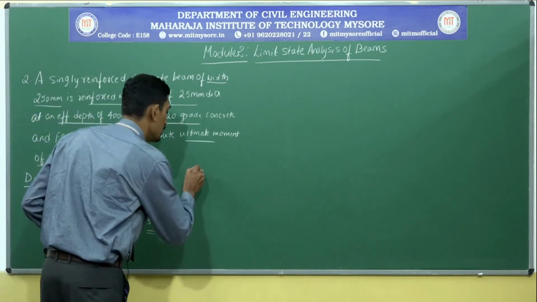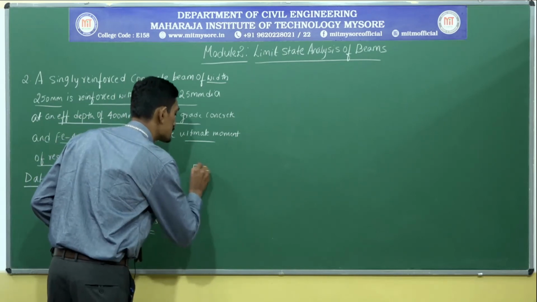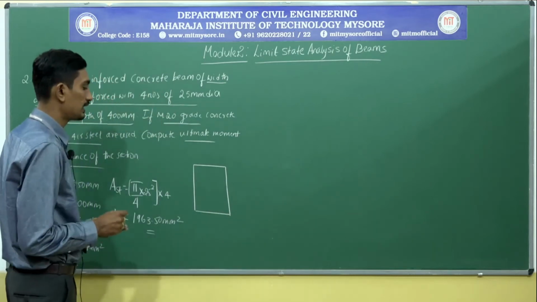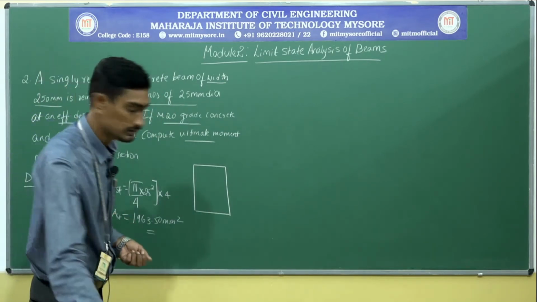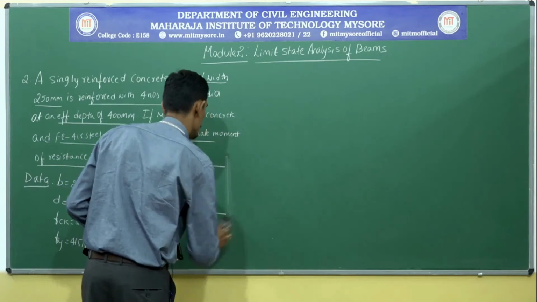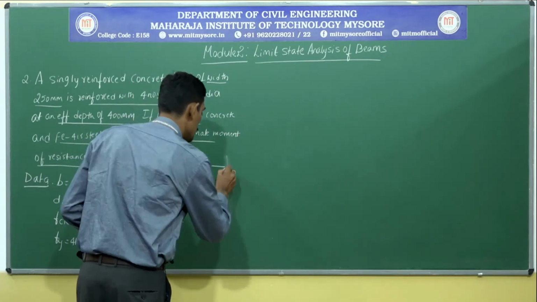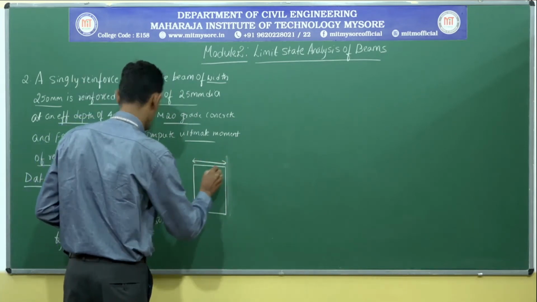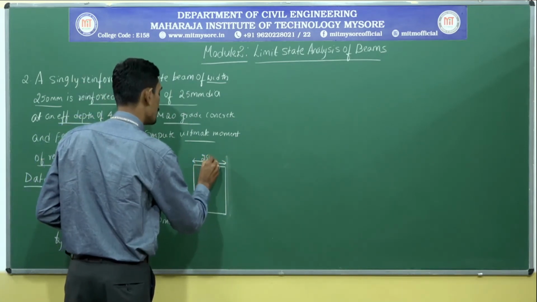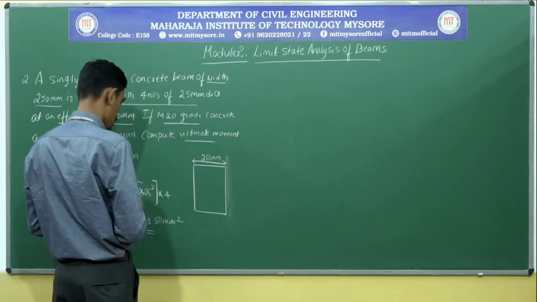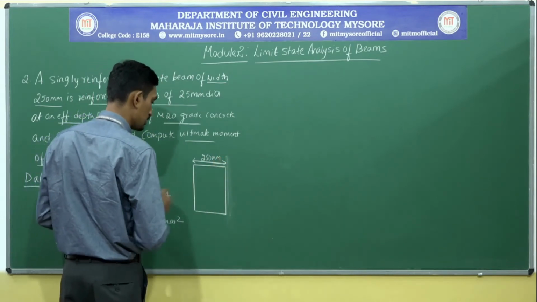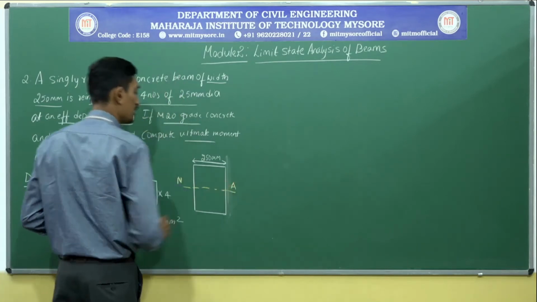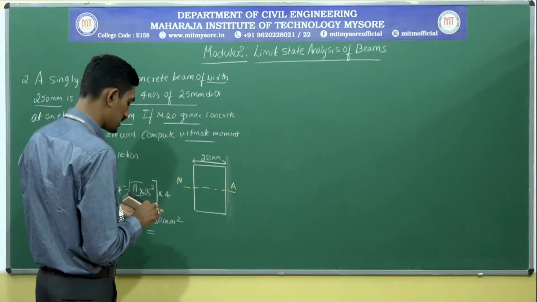Please write down the cross section of a beam so that you will come to know what exactly they have given. Let us write down the cross section of a beam. The width they have given as 250 millimeter, and obviously the neutral axis will be exactly at the middle because of a symmetrical section.